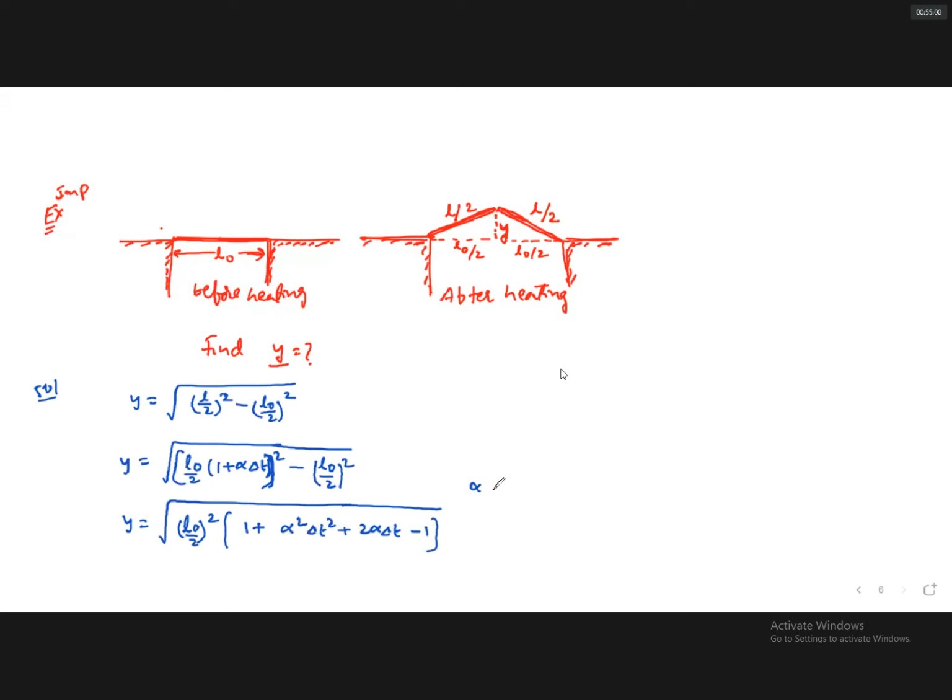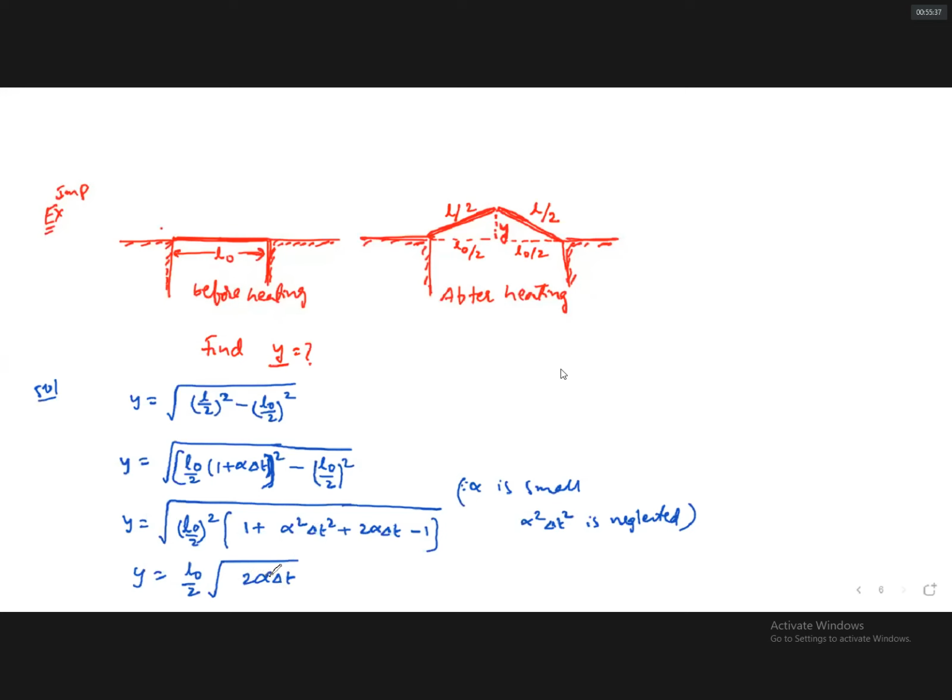As alpha is small, on the order of 10 power minus 5 or minus 6, the alpha square term is very, very small and is neglected compared to 1. The 1 and minus 1 cancel. We get y equal to L0 by 2 into the square root of 2 alpha delta T.